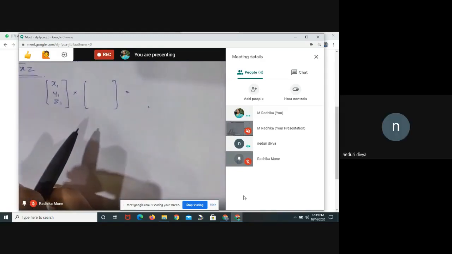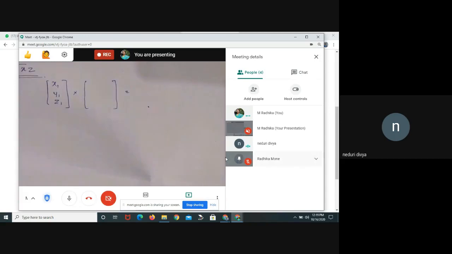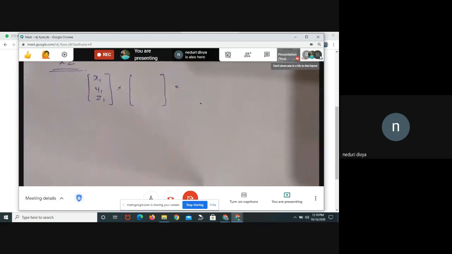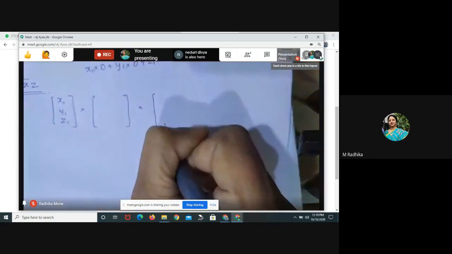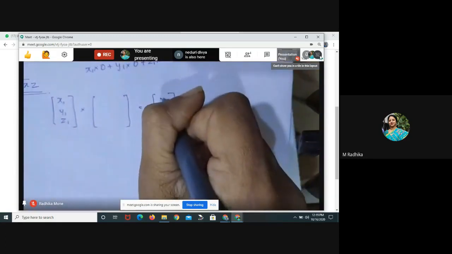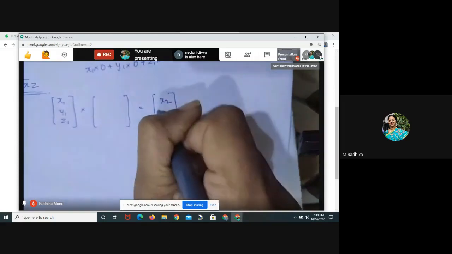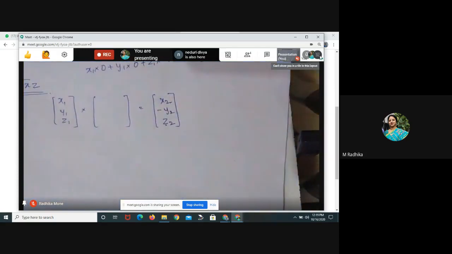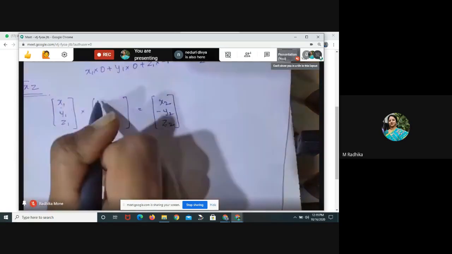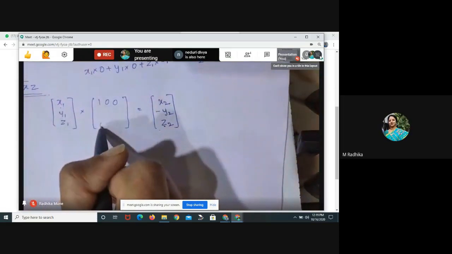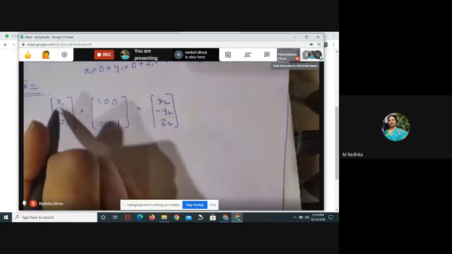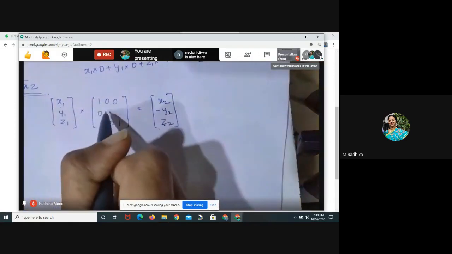It should be x2, z2 as it is, and only y will become minus y2. Since x1 is in the same place, it will be 1 0 0. Z is in the same position, so it will become 0 0 1. And only y is changing, so it will become 0 minus 1 0.